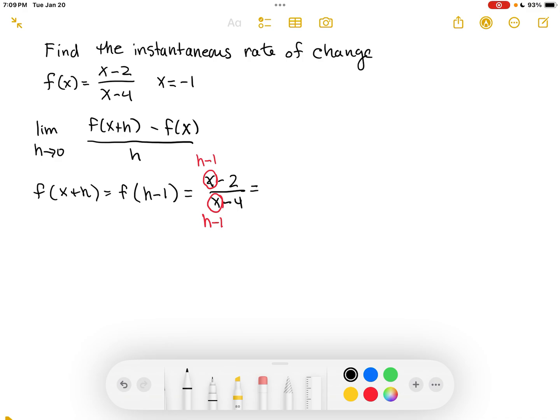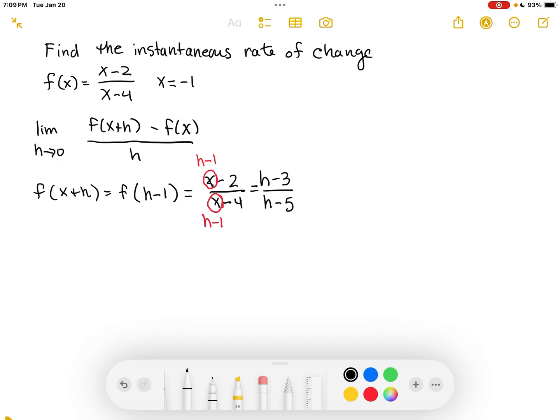That leaves me with h minus 1 minus 2 on the top, which is h minus 3, all over, in the denominator, h minus 1 minus 4, which is h minus 5.